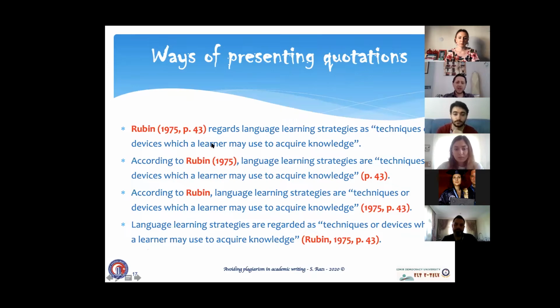In the first 3 quotations, we follow an integral method, whereas in the fourth one, we follow a non-integral method. As you see, the author's surname here appears as the subject of the sentence, date of publication and page number, they are in parentheses. And they appear for the quoted expression.